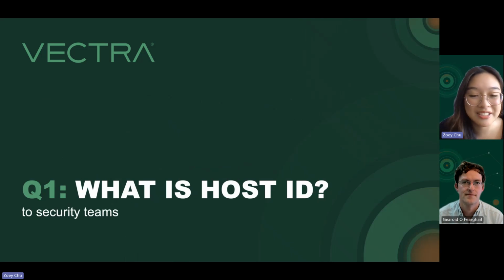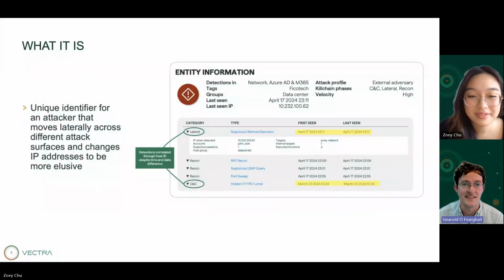What is Host ID? Host ID is a really smart technology that Vectra uses, whereby we can track any host that we see in your network, regardless of its IP address, and even if it changes basic foundational concepts within the host itself, by virtue of using a number of artifacts across the platform.